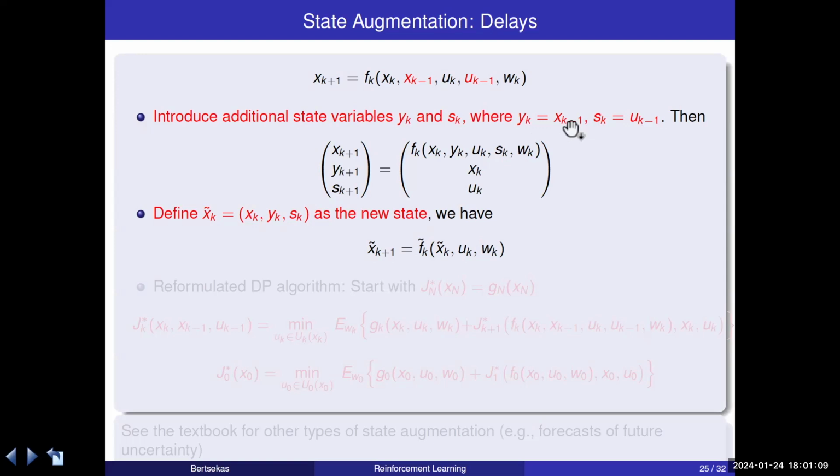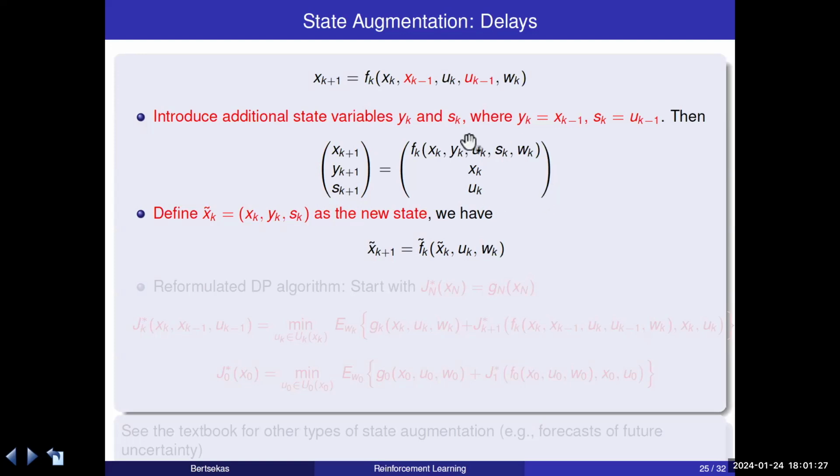And we can write a system equation for those. y_{k+1} is equal to x_k, according to this definition, and s_{k+1}, the delayed control at the next stage, is going to become the current control.